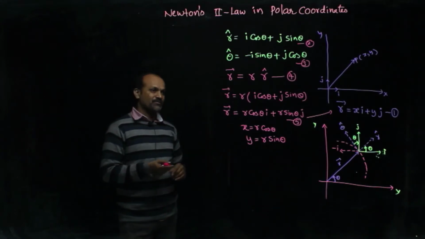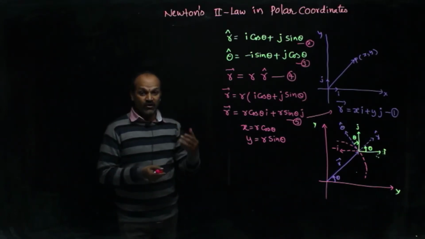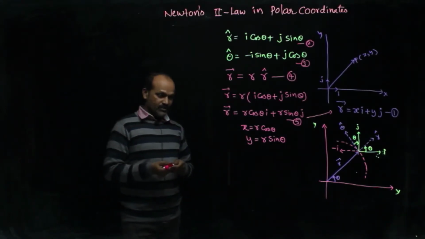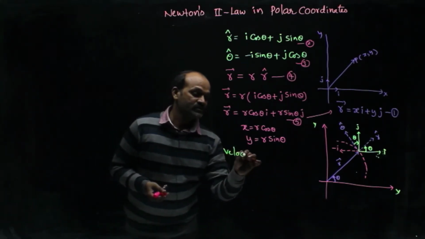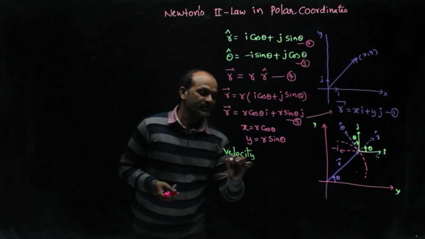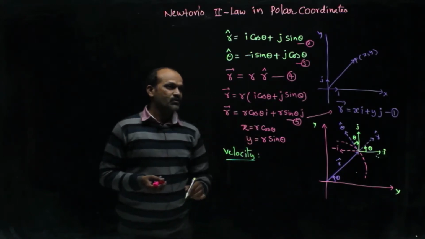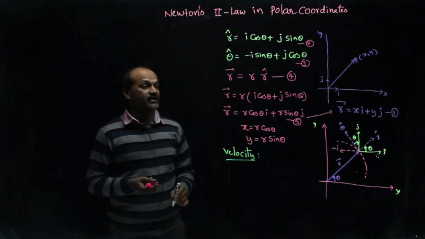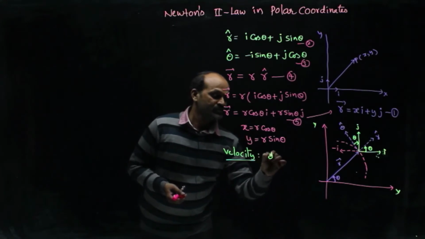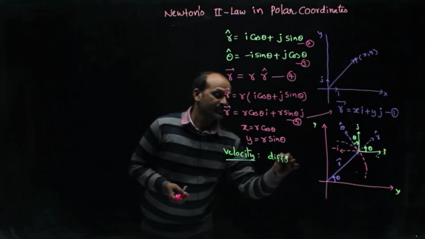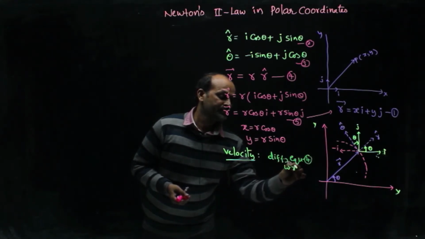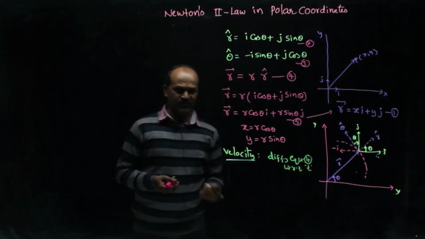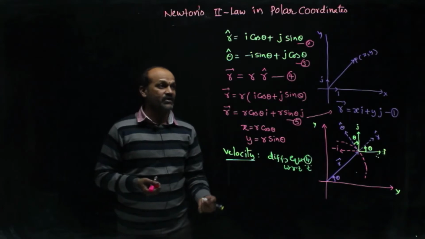One part is completed. Now we will calculate velocity. When you calculate the velocity of the particle in polar coordinates, we should differentiate equation 4 with respect to time, then you will get velocity. Displacement by time is velocity.